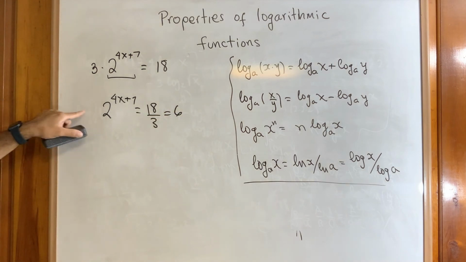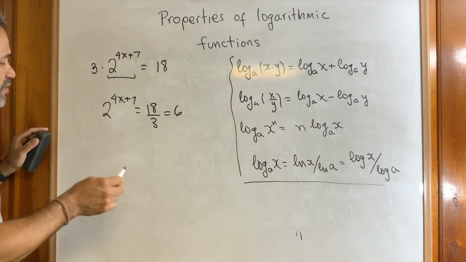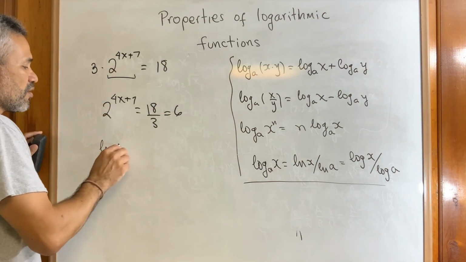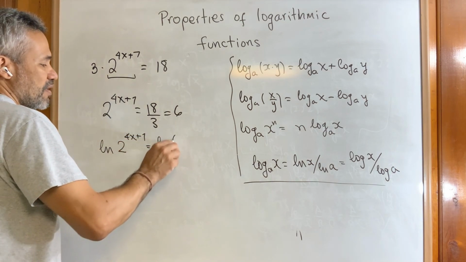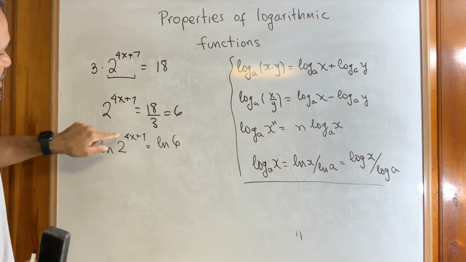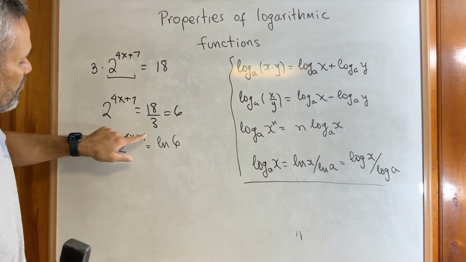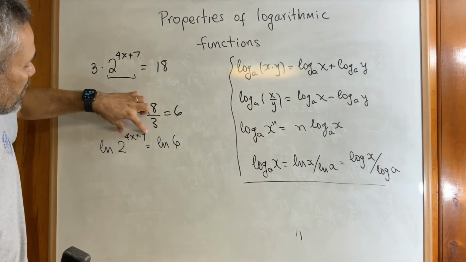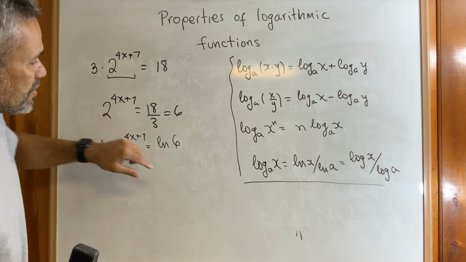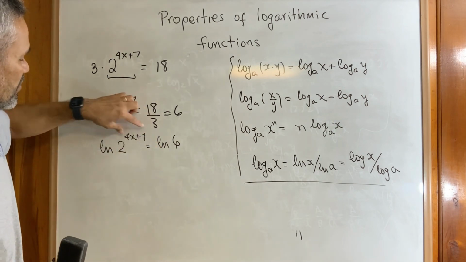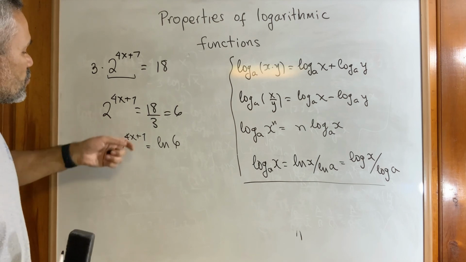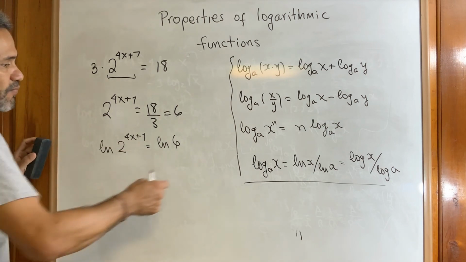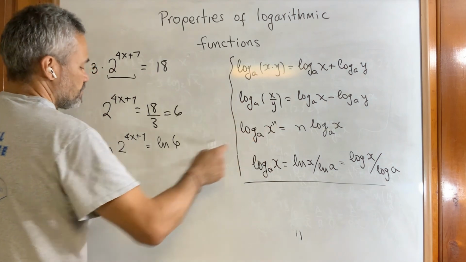And now that it's written like that, we can apply log in both parts, natural log. Then we have natural log of 2 to the 4x plus 7 equal natural log of 6. The reason is that applying natural log in both parts, this exponent will go down as a coefficient. And once this exponent that has the x is a coefficient, then we can handle it better to solve for x. Then we are using this property.